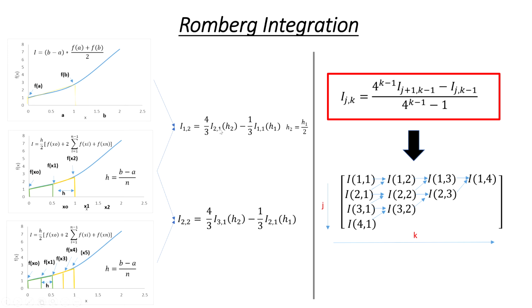Here, we have 1, 1, 1, and 1, which implies that this is our first level of integration. Now, the reason we need a generalized equation is that right now I'm showing you the first level and the second level of integration, but you can go as deep as you need to get the estimate that you need. You can go to a third level, a fourth, a fifth, and a sixth level.